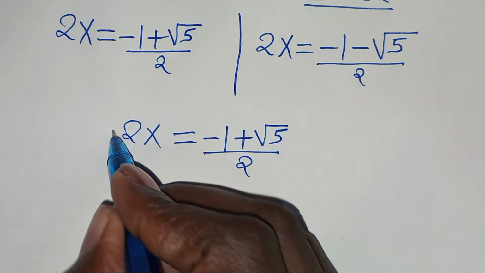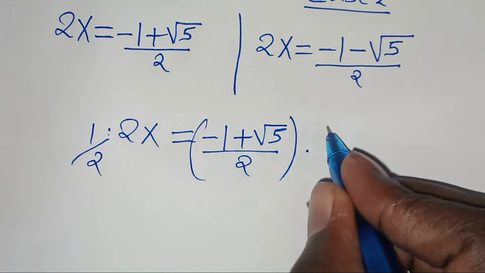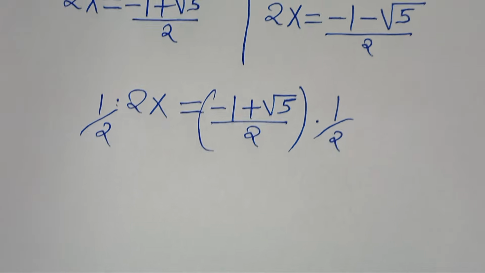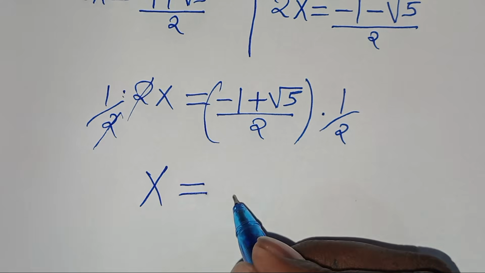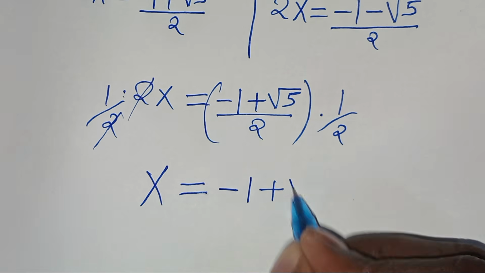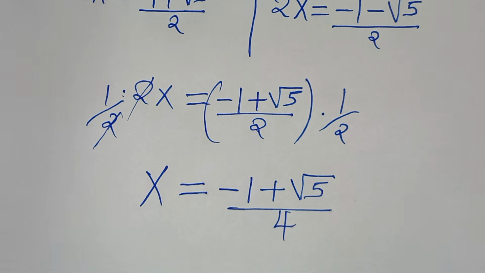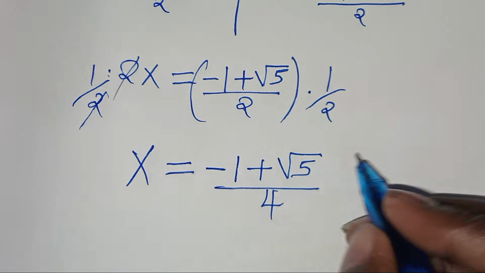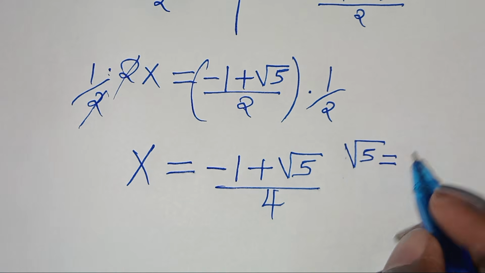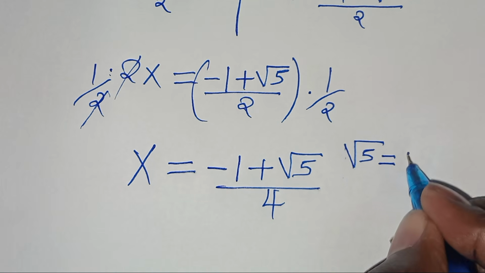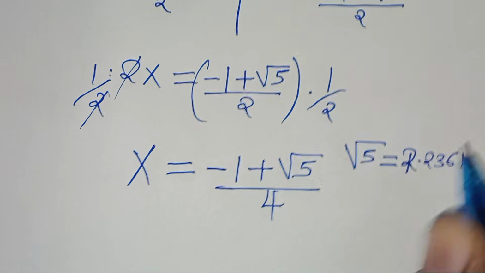So let's multiply both sides by a half, so that now here we have x is equal to negative 1 plus square root of 5 divided by 2 times 2, which is 4. We have that square root of 5 is 2.2361.